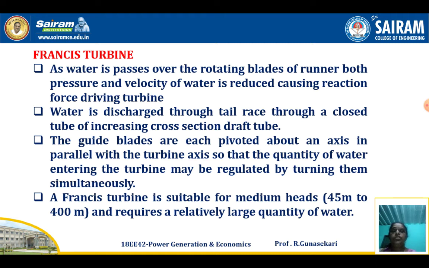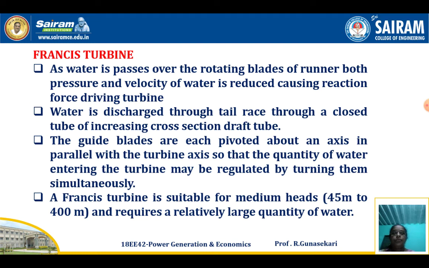Water is discharged to the tail race through a closed tube of increasing cross section, the draft tube. The guide blades are each pivoted about an axis parallel with the turbine axis so that the quantity of water entering the turbine may be regulated by turning them simultaneously.